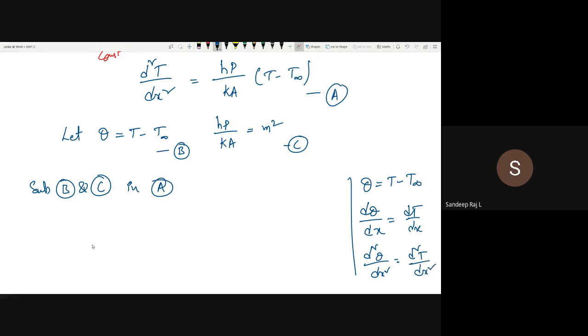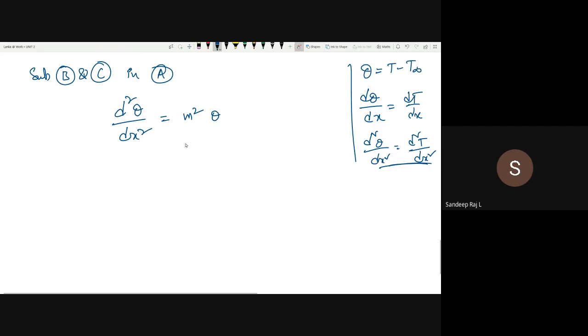So what I got on my left hand side is actually d square T by dx square, and on my right hand side, in place of hP by kA I got m square, and in place of T minus T infinity I got theta. This we will use later. For now let me use theta itself here. Why I'm using theta here you will understand.